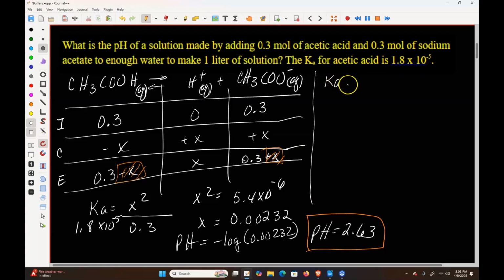So the Ka is equal to x times 0.3 over 0.3. The 0.3's cancel. So x is going to equal Ka.